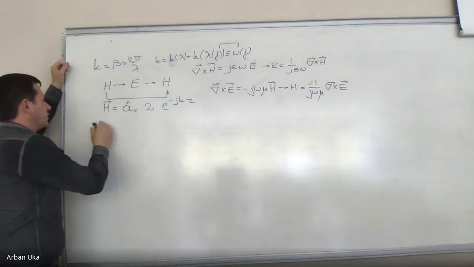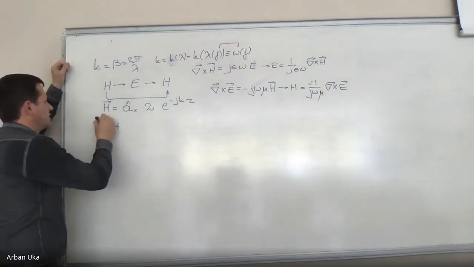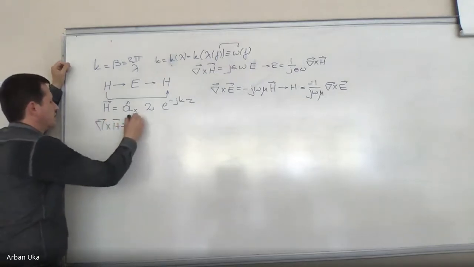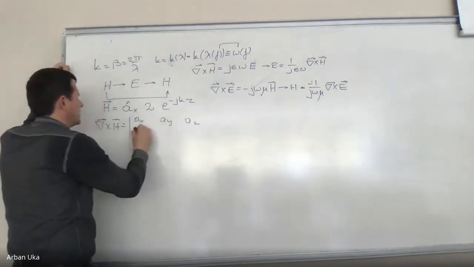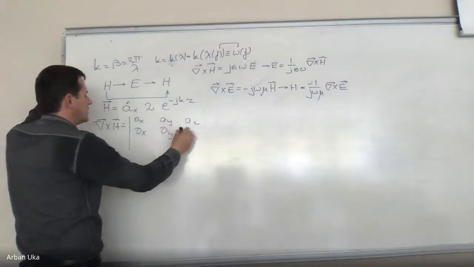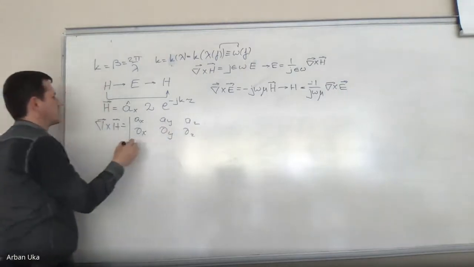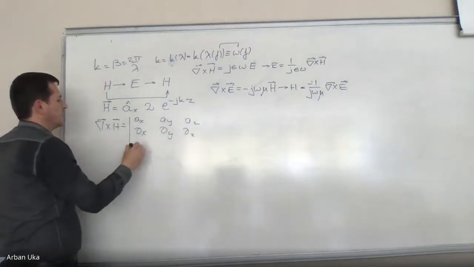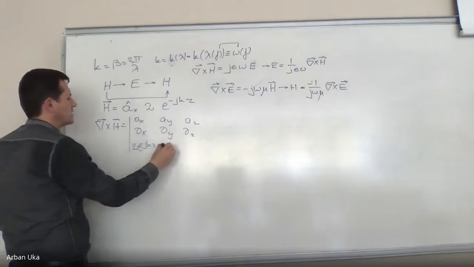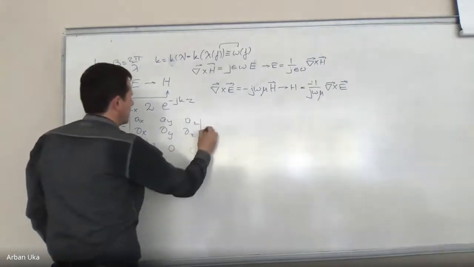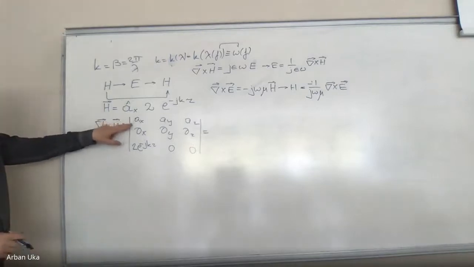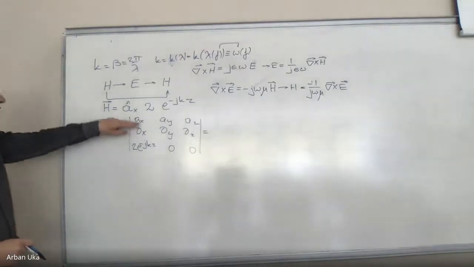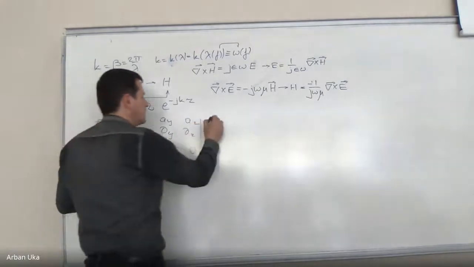Then the curl of H is equal to, let's have here ax, ay, az, derivative with respect to x, with respect to y, with respect to z. This is 2 e to the power minus jkz, 0, 0. And this is equal to, the coordinate along ax is equal to 0. The coordinate along ay apparently is different from 0.